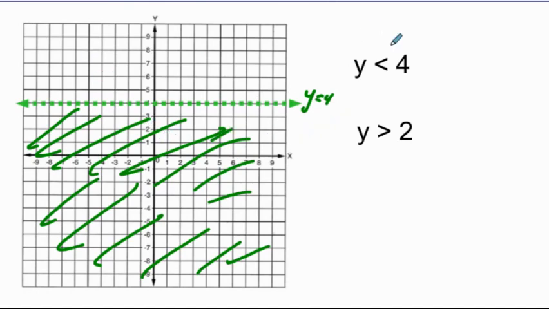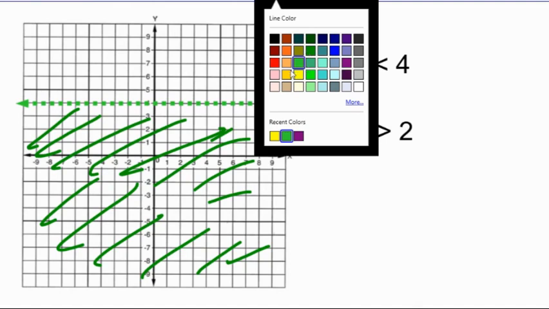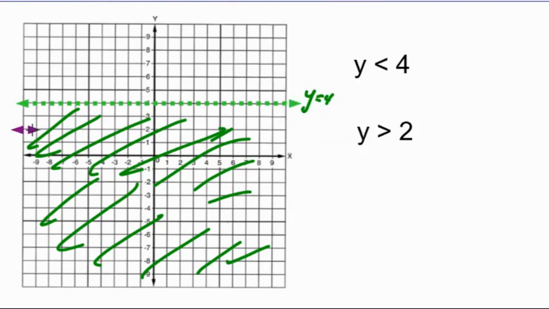Okay, but this is now a system of equations. So I've got another line here, y greater than 2. So let's draw another one here. But I'm going to draw this one a different color so we can see it. Let's go with the purple. So y greater than 2. So here's my 2.